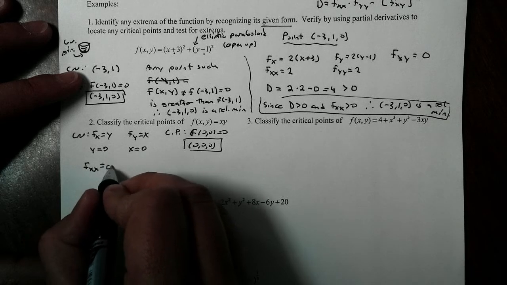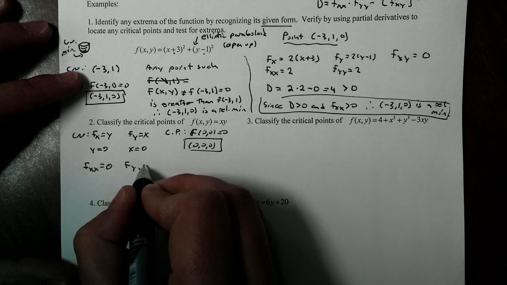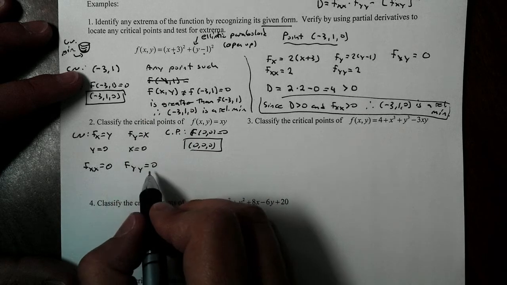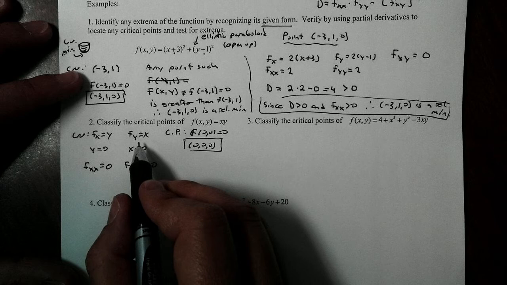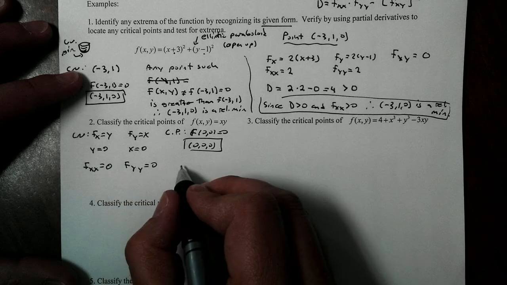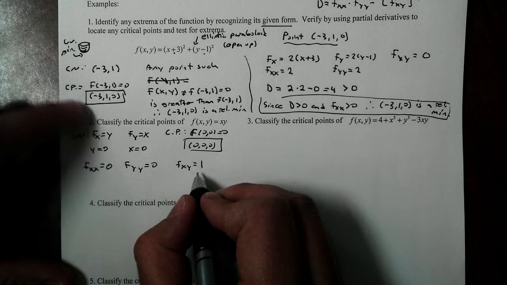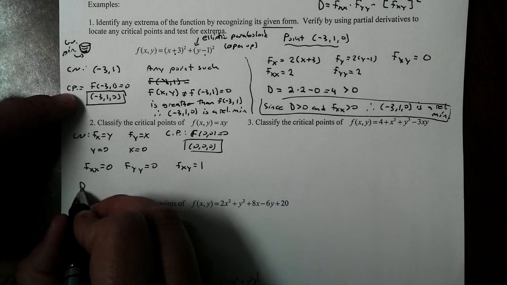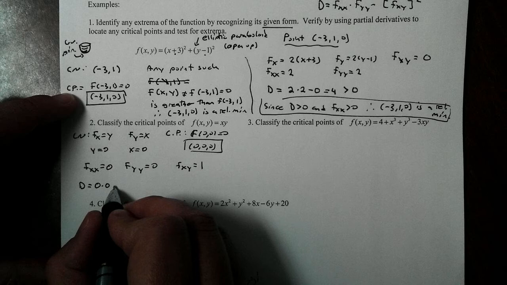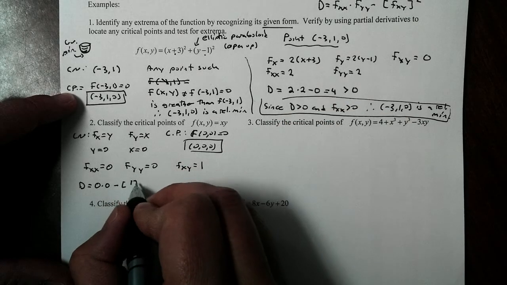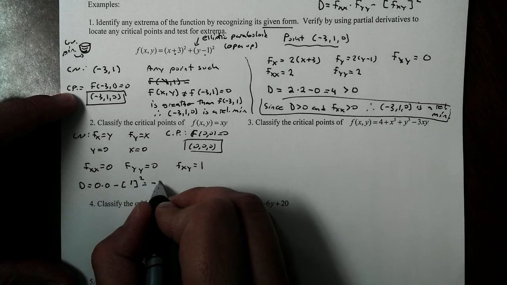Fxx would be 0. Fyy would also be 0 because there is no value there. So now if I take a look at fxy, well, that's just going to become 1. And I can use my formula, 0 times 0 minus, remember, it's really going to be 1 squared, which is just negative 1.